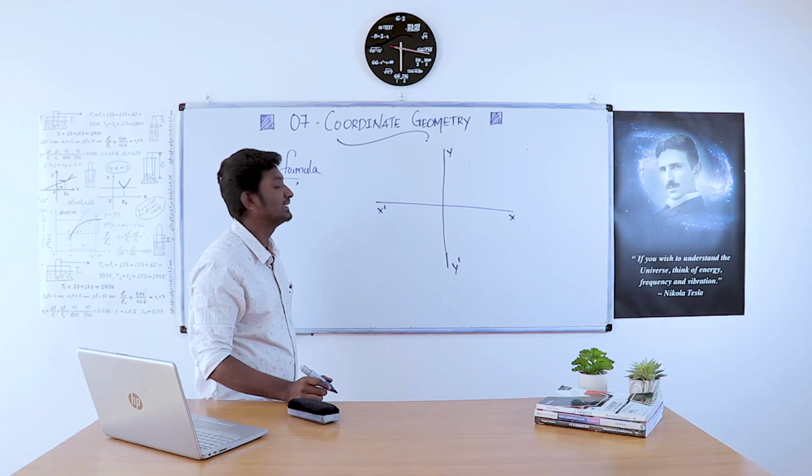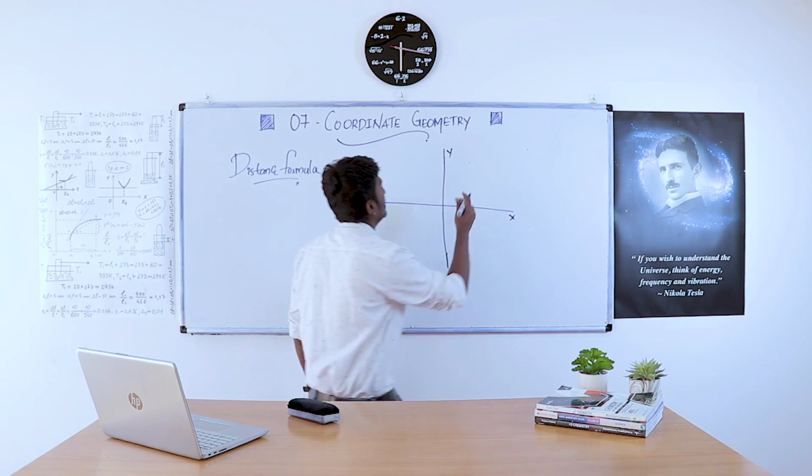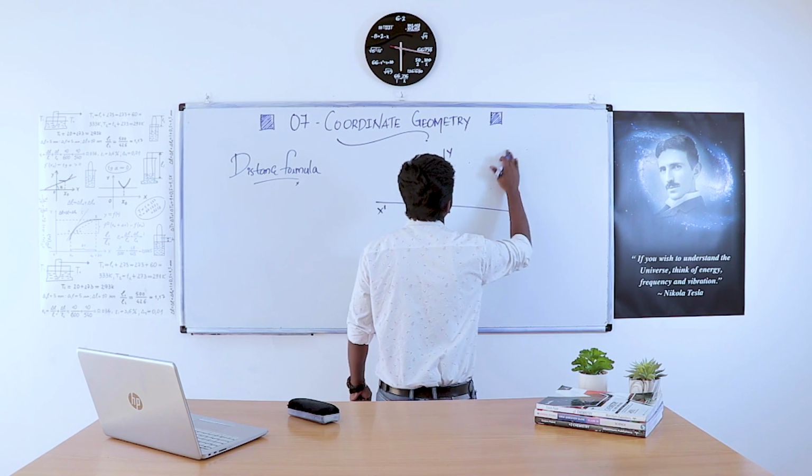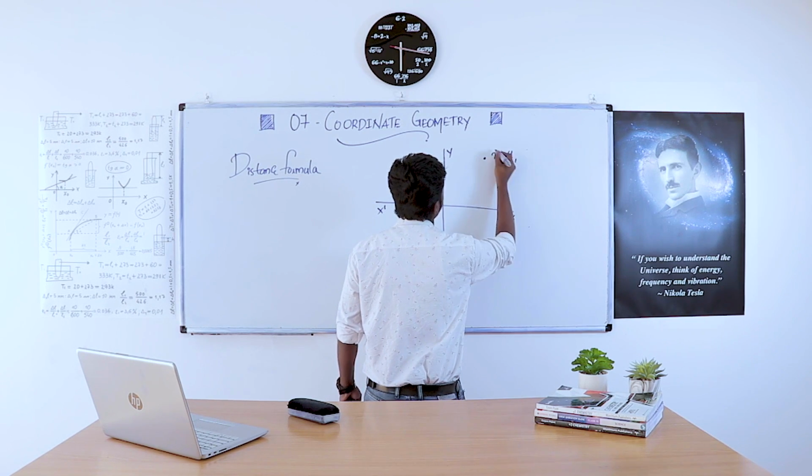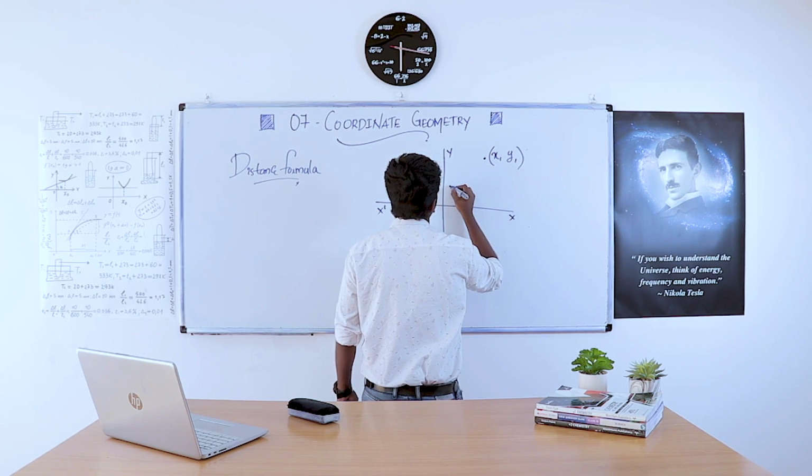I am marking 2 points. This is the first coordinate represented as (x1, y1). And I am also marking another point, that is (x2, y2).